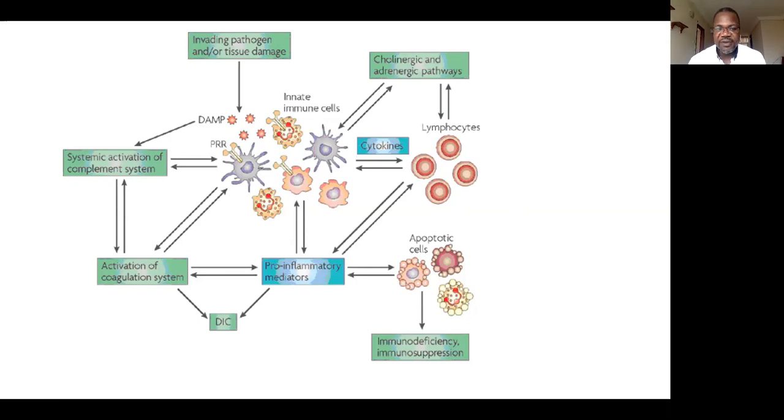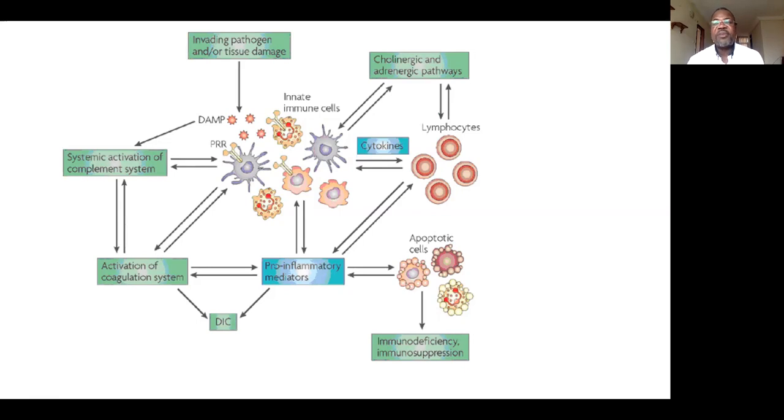Then those immune cells will release a number of cytokines that will attract the second line of immune cells, the lymphocytes, to the site of infection. Or there will be activation of the complement system, and the complement fractions can come to the site of infection and kill the pathogen.